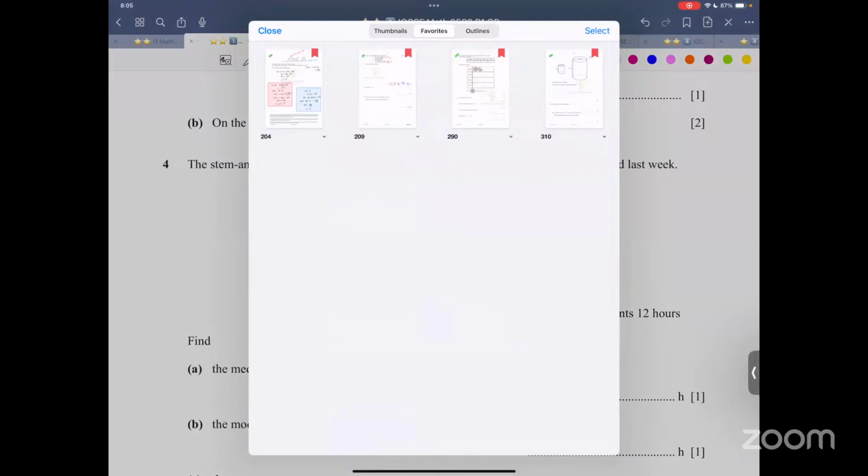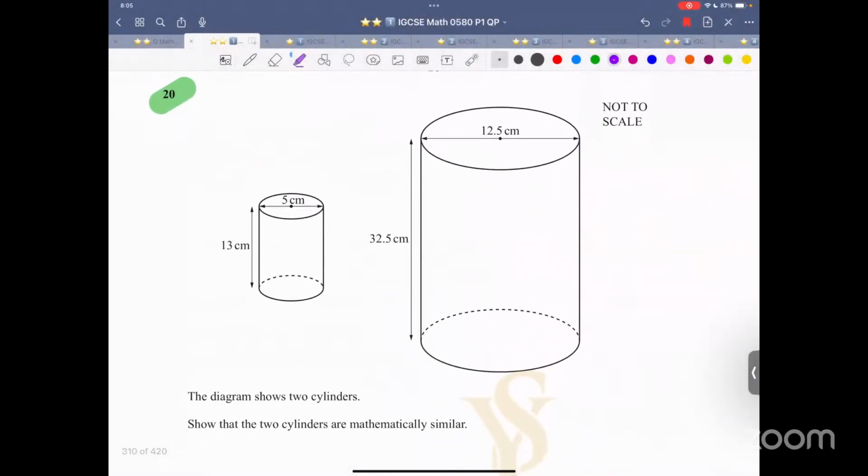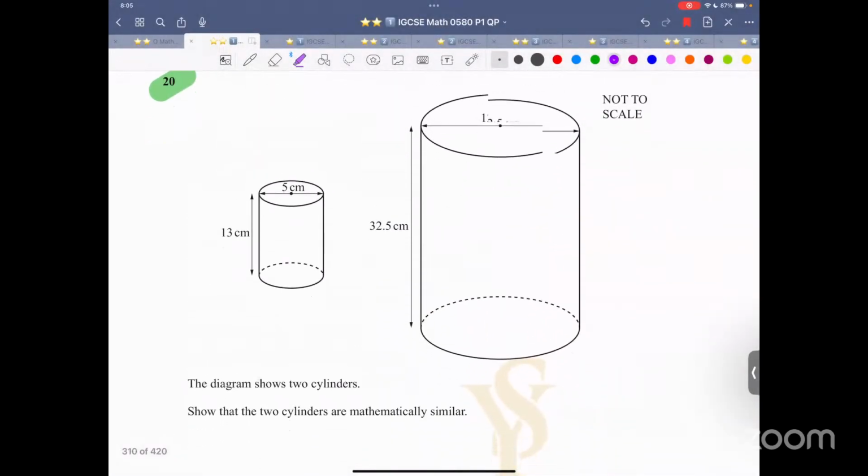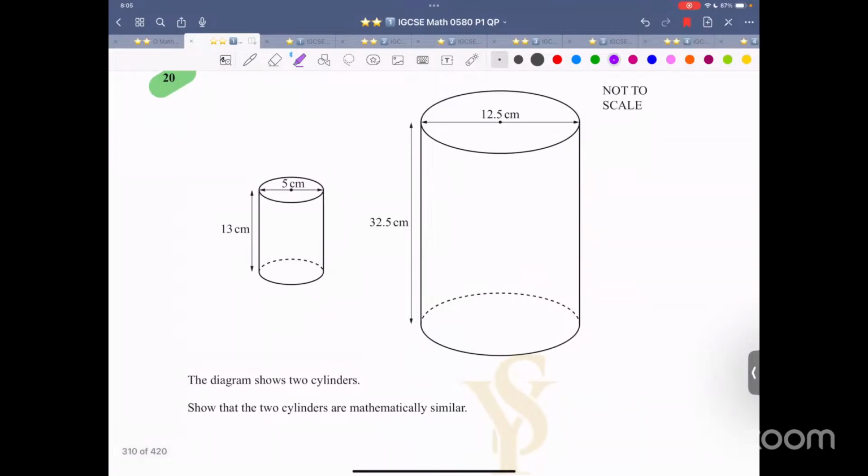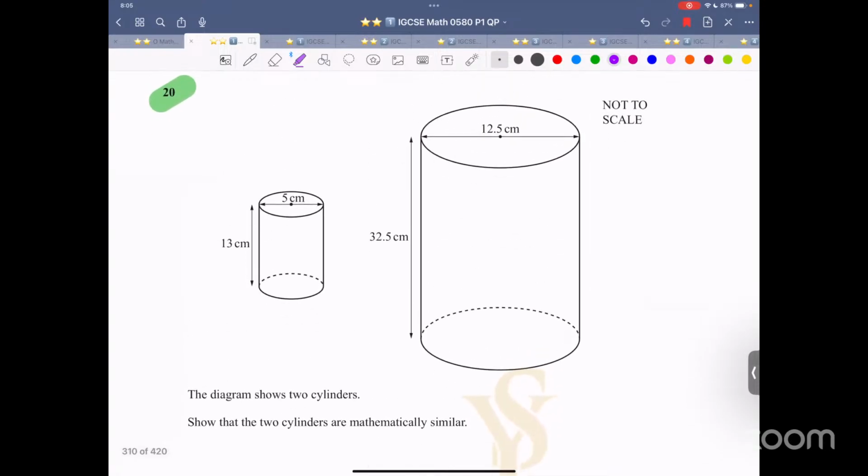Acha ji, something like this. A simple question on cylinders. It says the diagram shows two cylinders, show that the two cylinders are mathematically similar. The ratio of lengths should be the same.